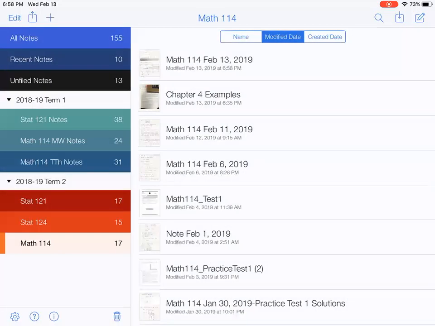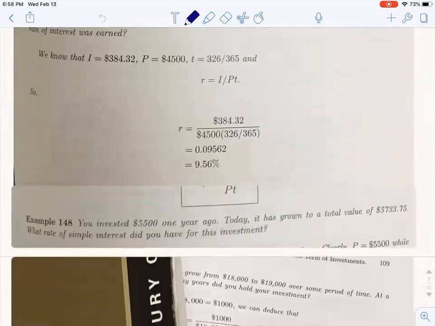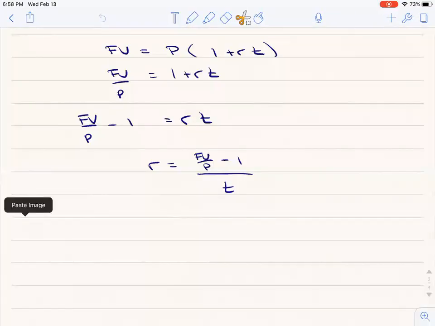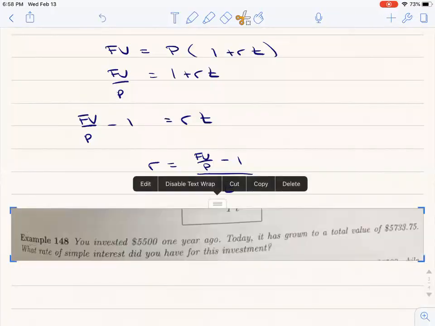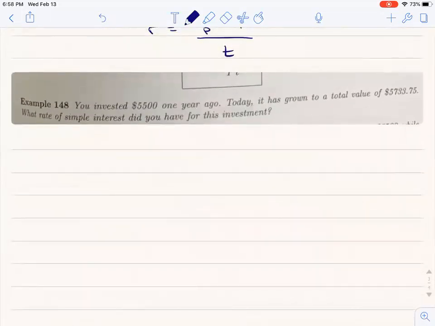Let's do an example. We'll do example 148, which I had to go back and pick up. You invested $5,500 1 year ago. Today, it has grown to a total value of $5,733.75.